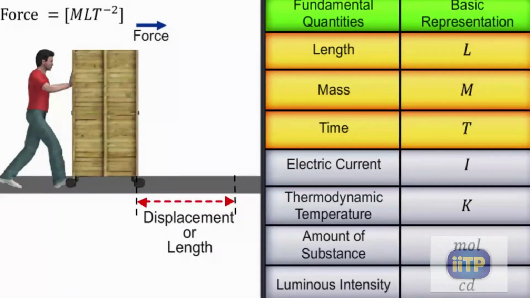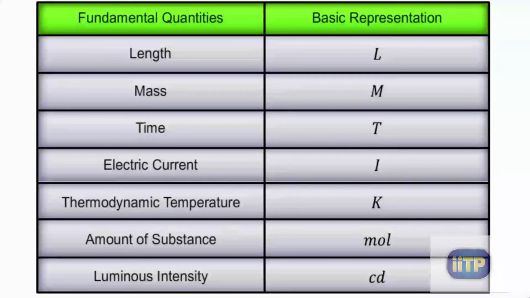Thus, we can say that the dimensions of all the other 4 base quantities in the expression for force are equal to 0. In mechanics, most derived quantities are related to only three of the seven base quantities, namely mass, length, and time.